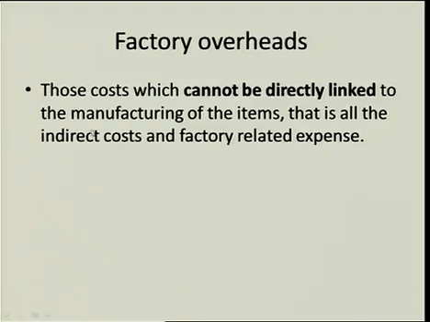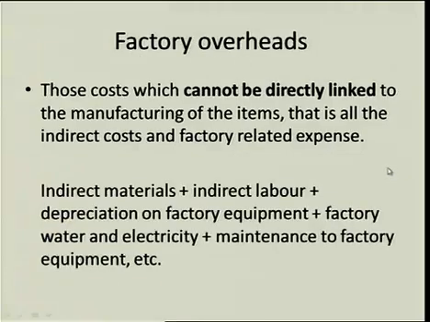Okay, so we're going to put all our indirect labor in here, and we're going to put our indirect materials in here, and we're going to put any factory related expense in here under factory overhead costs. So this is your indirect materials, indirect labor, depreciation on factory equipment and factory water and electricity, and maintenance to factory equipment, etc. That is all your factory overhead costs.